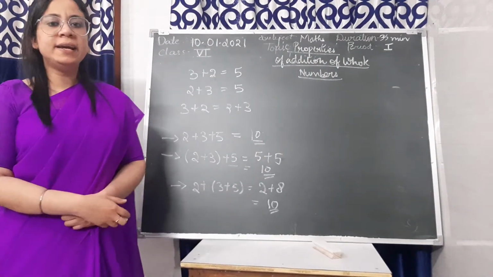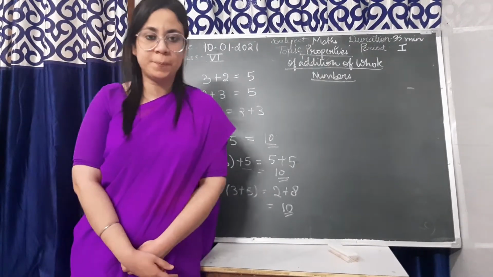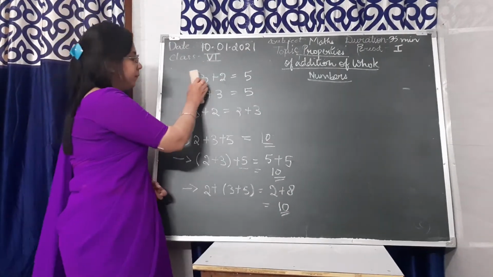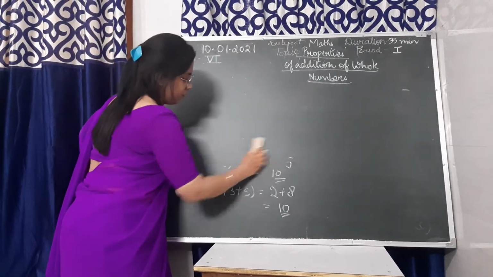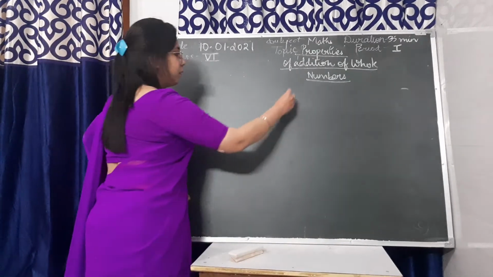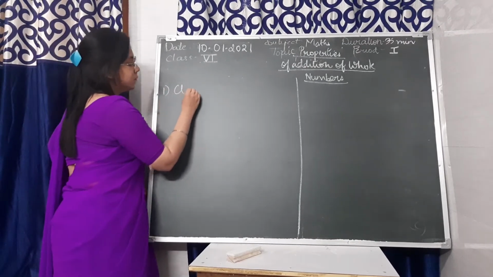Like I asked you, what is closed, commutative and associative property? So, let's take a brief look at that.